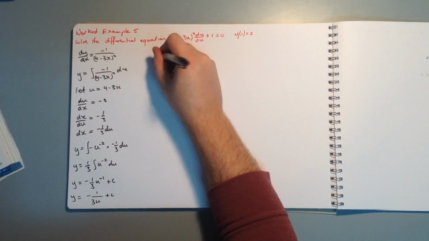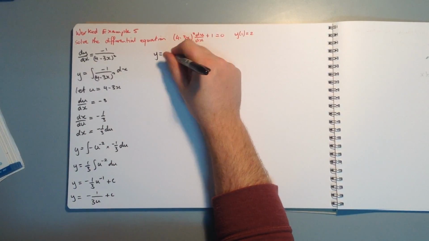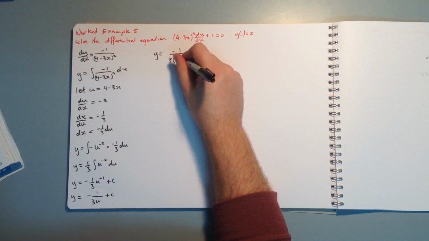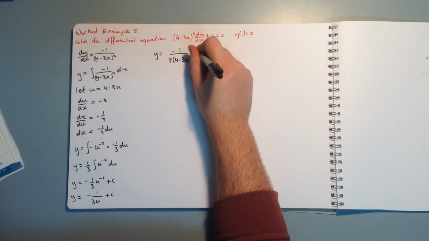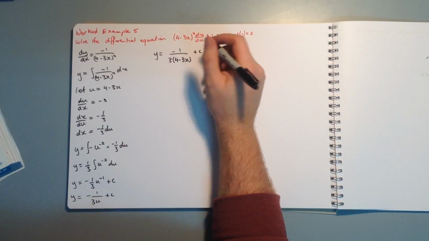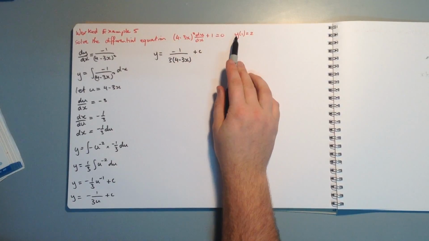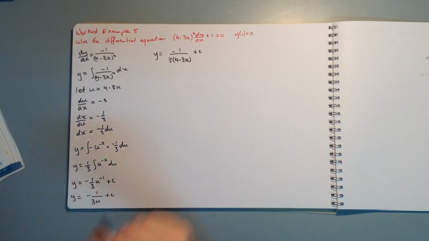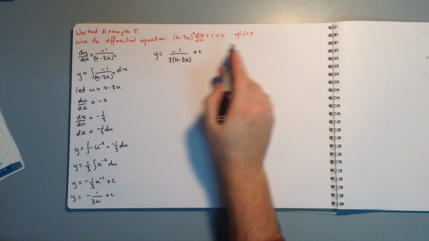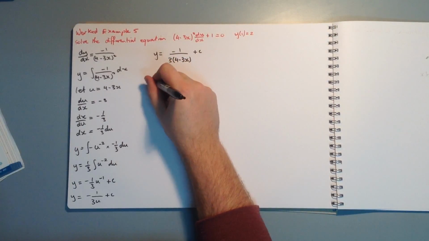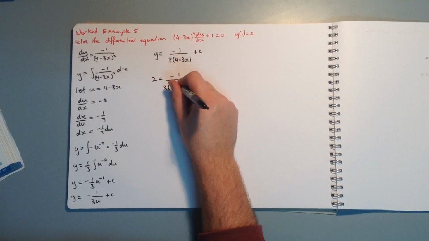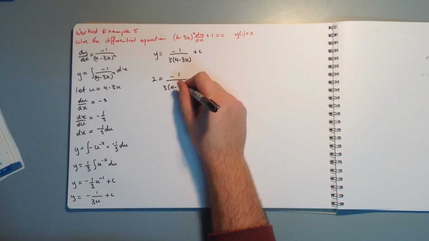So y equals negative 1 over 3 times our u, which was 4 minus 3x, plus c. Now we know that we've got this point y(1) equals 2, so we sub x equals 1 into our equation and let y equal 2. So we say 2 equals minus 1 over 3 times (4 minus 3 times 1).